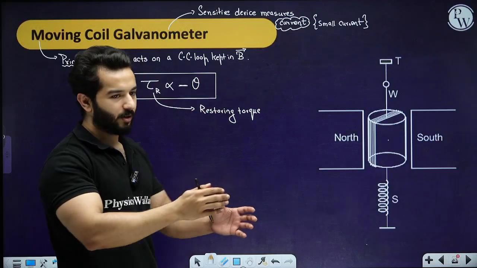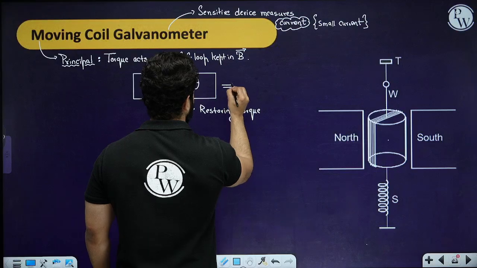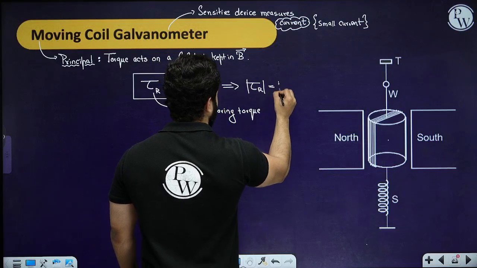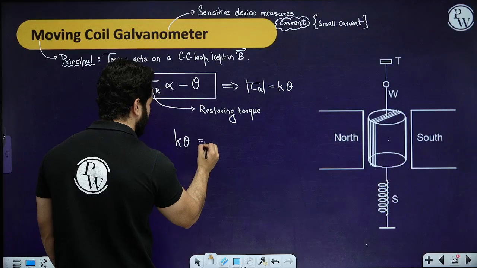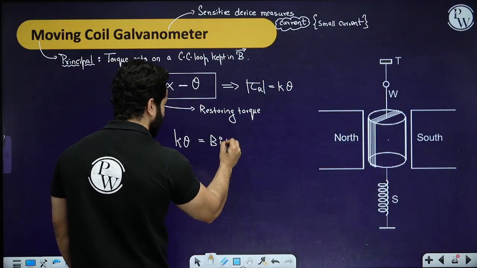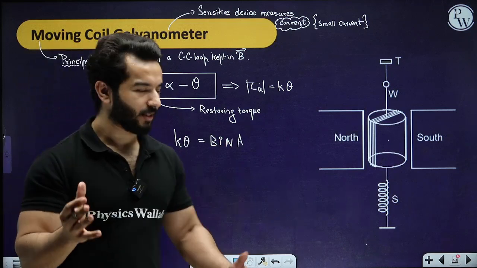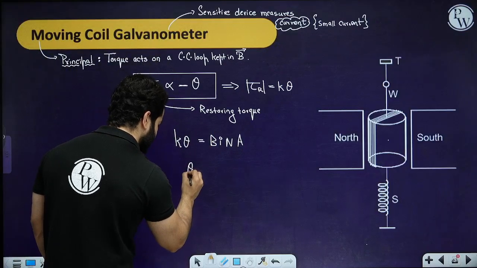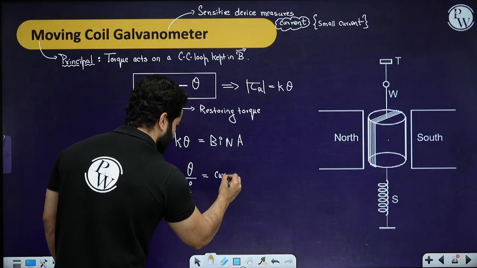At a certain point, the magnitude of this torque can be written as k theta, and this k theta will become equal to NBIA, and over here sine 90 will be 1, because theta will be 90 degrees as we are using a radial magnetic field. And theta upon I is known as current sensitivity.